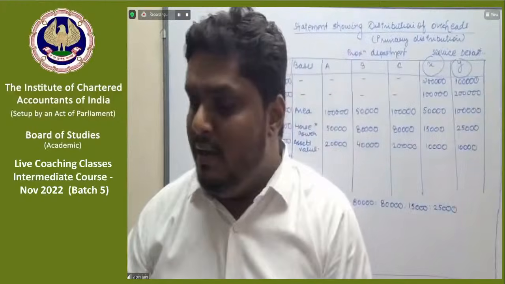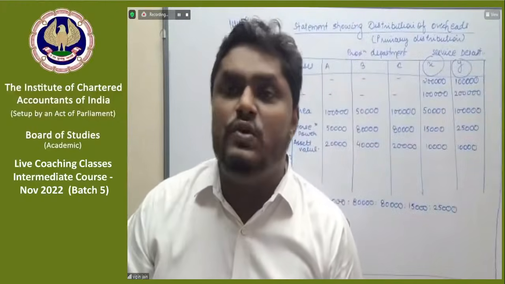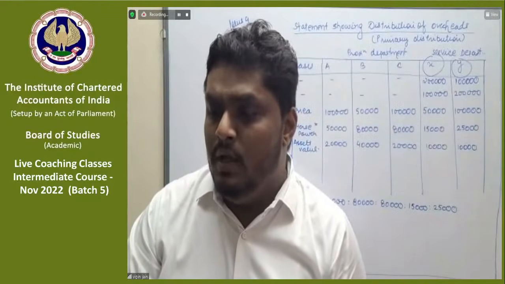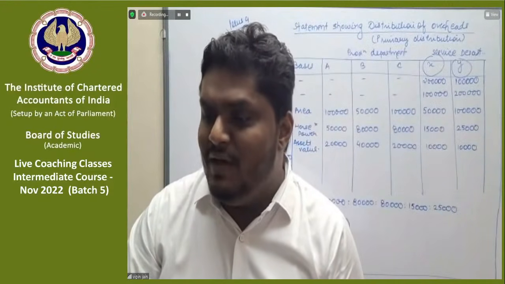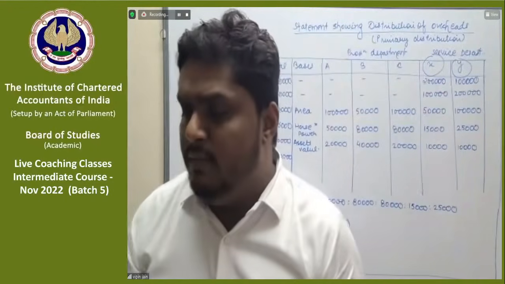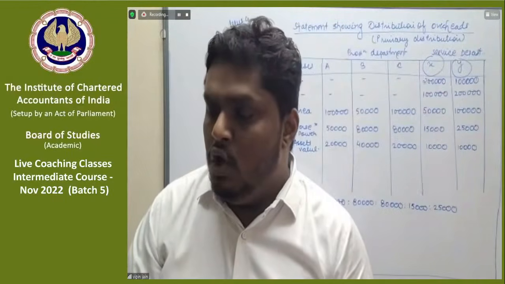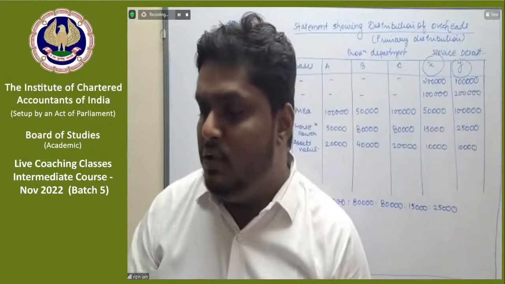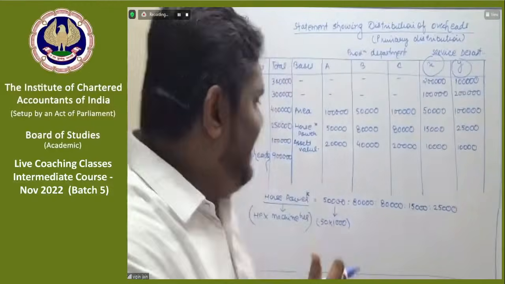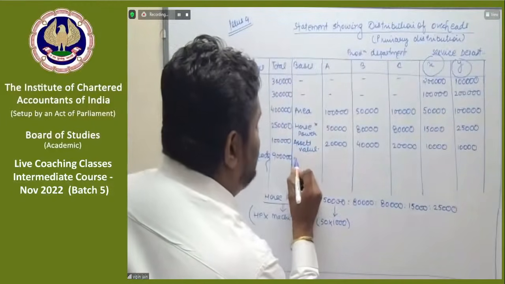Now last overhead, since no base is given, we will assume that it will be absorbed on the basis of machine hours only. So herein the machine hours are given, that is 1,000, 2,000, 4,000, 1,000, and 1,000. So it will be divided by 2 plus 1, 3, 3 plus 4, 7, 8, and 9. So 9 lakh will be distributed in the ratio of machine hours.